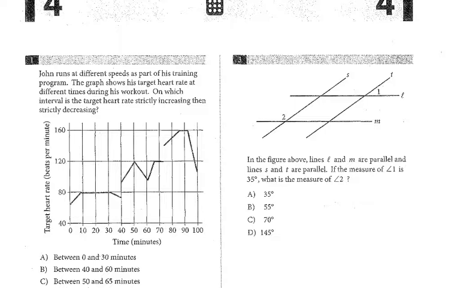Let's go to number 3. We know the lines L and M are parallel, and the lines S and T are parallel. Angle 1 is 35 degrees. Then we're looking for the measure of angle 2.